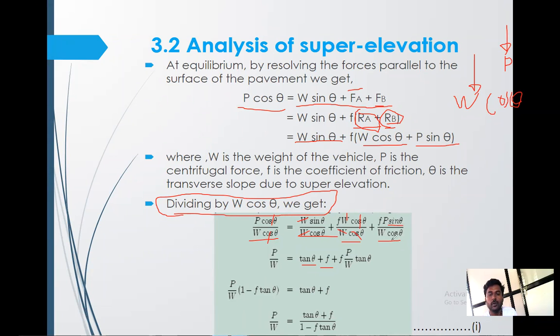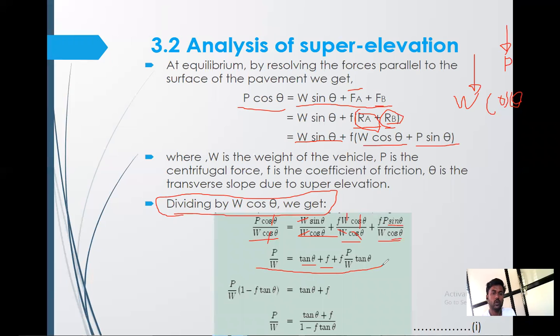Sin theta divided by cos theta is tan theta, so F into P by W into tan theta. So our equation becomes P by W is equal to tan theta plus F plus F into P by W into tan theta.